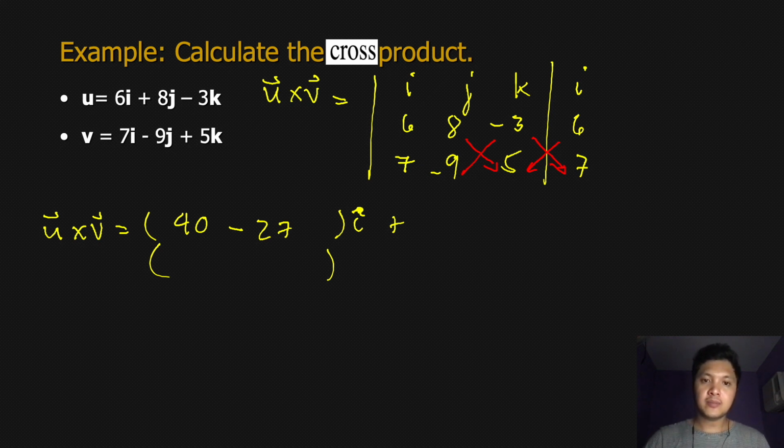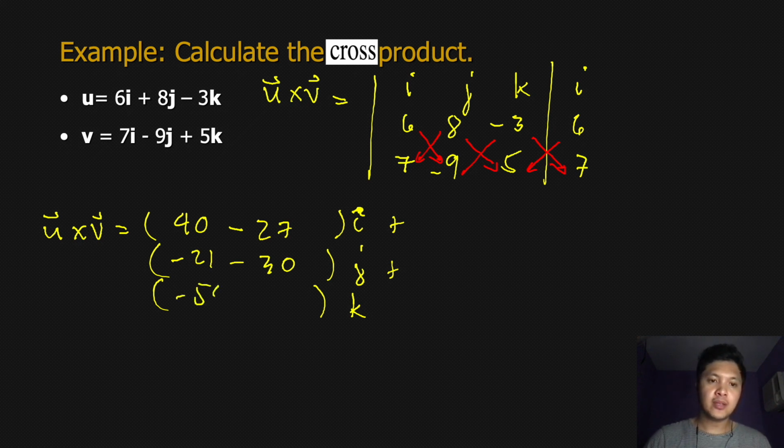So negative 21 here, minus 30 j, and then plus, now k hat, so disregard k, and then we do this. So 6 and negative 9 is negative 54, minus 7 and 8 is 56. Okay, so negative 54 minus 56.